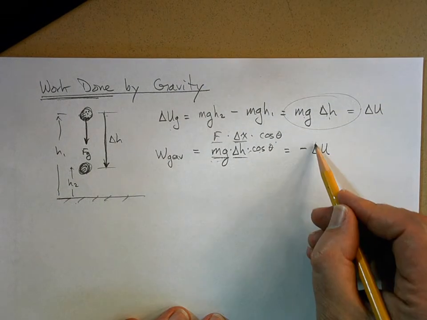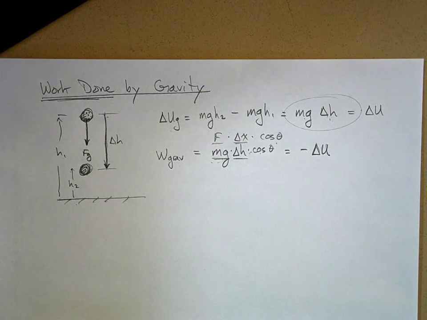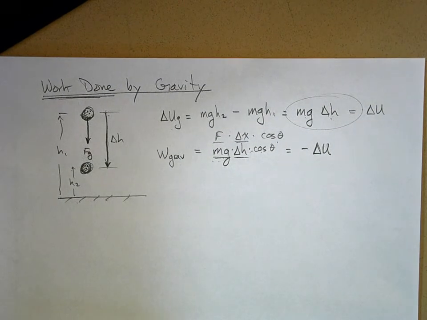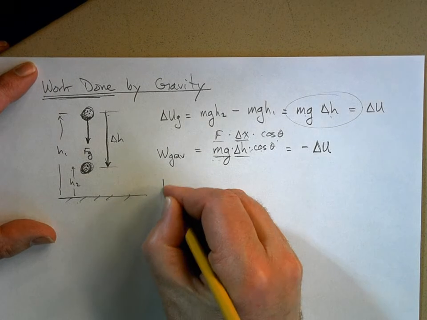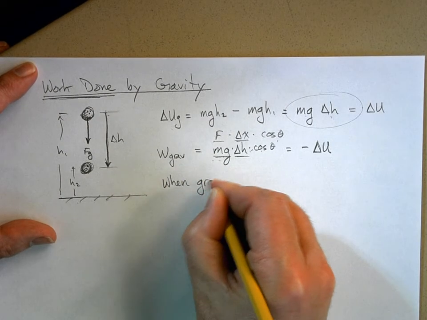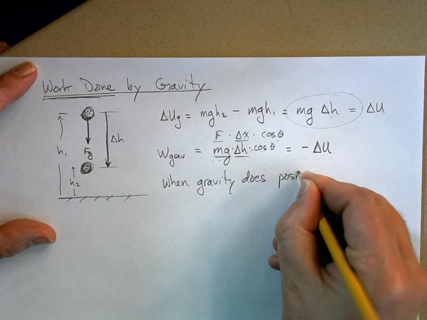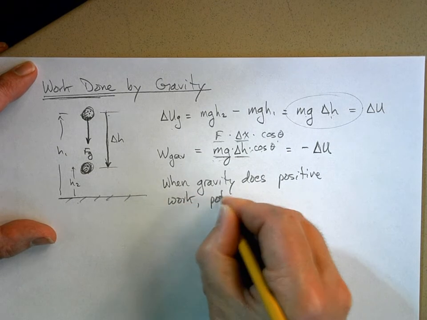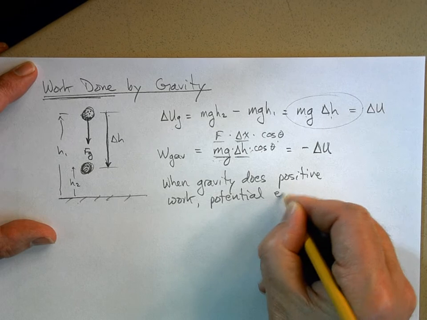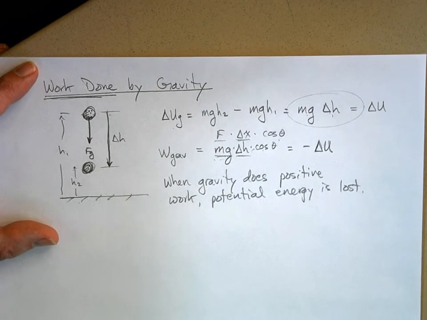This delta U will be negative. When gravity does positive work, potential energy is lost. I want you to see that conceptually.